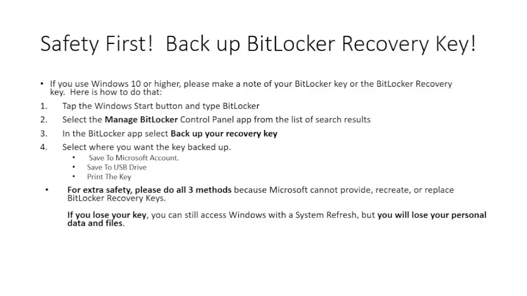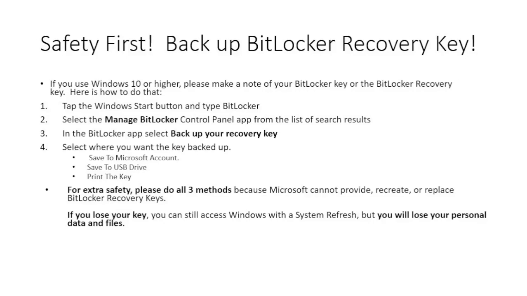So just to be on the safe side, we're going to be safety conscious and consider the possibility that this issue can happen, and we're going to back up the BitLocker recovery key, which you'll need to do if you use Windows 10 or higher. To do that, you just tap the Windows Start button and type in BitLocker.